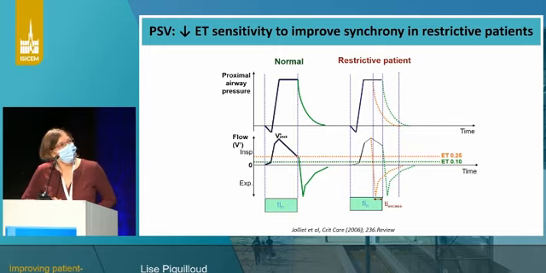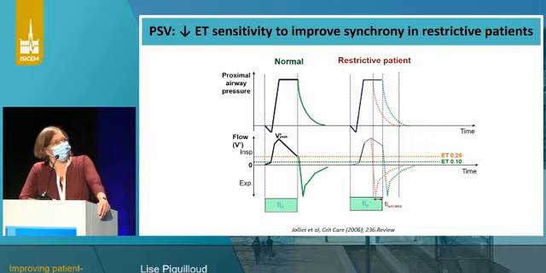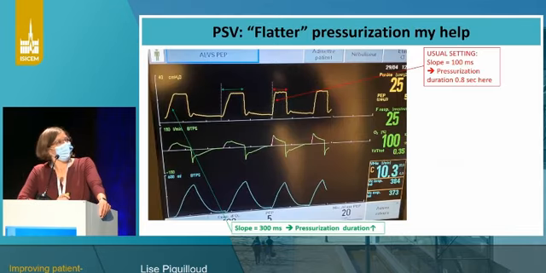And that means that if you choose a low value, 10% here in the example, sometimes up to 0% in severe ARDS patients, you can match the duration of the pressurization with the duration of the neural inspiratory time. And this suppresses early cyclings and helps suppress double triggerings.